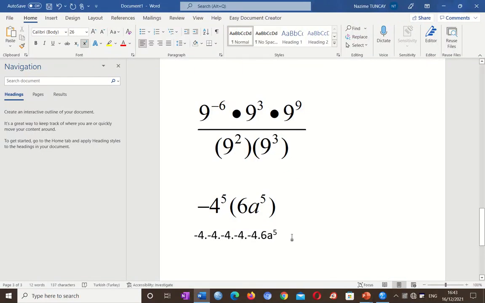So, I have to calculate this value here. So, what is this value? This is minus 1, sorry. This is minus 1 because I don't have the brackets.